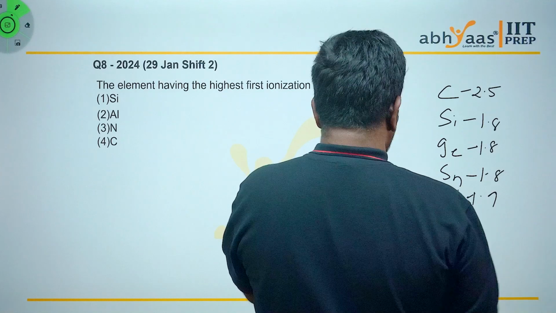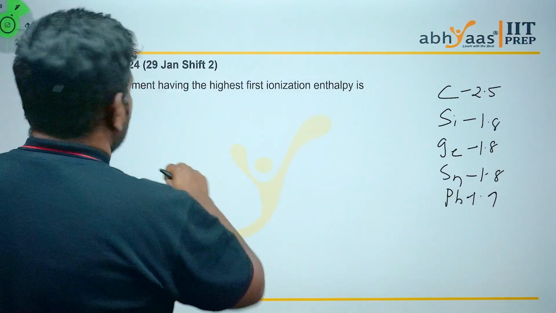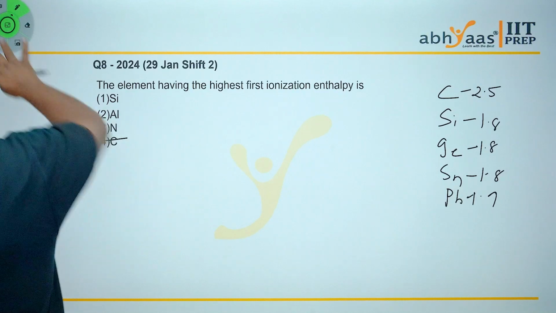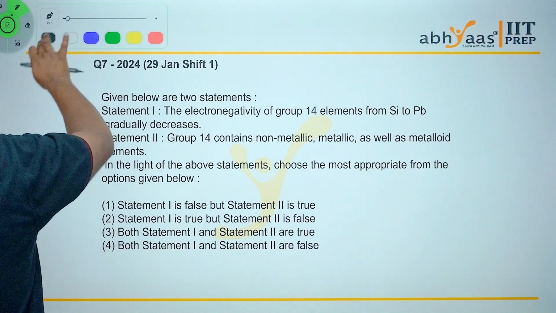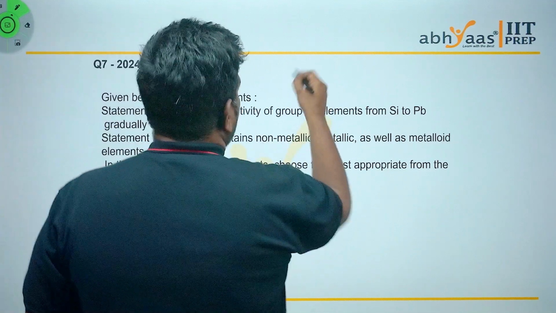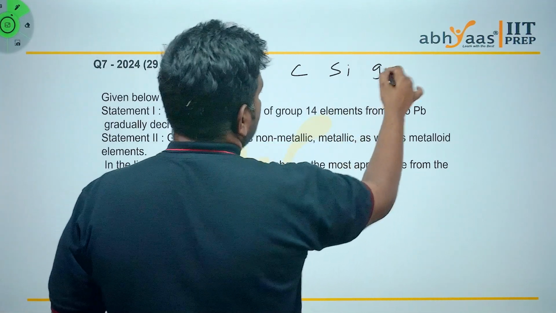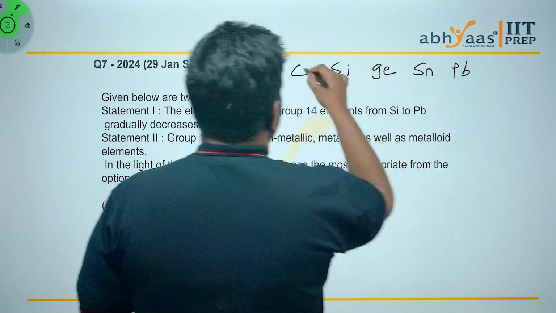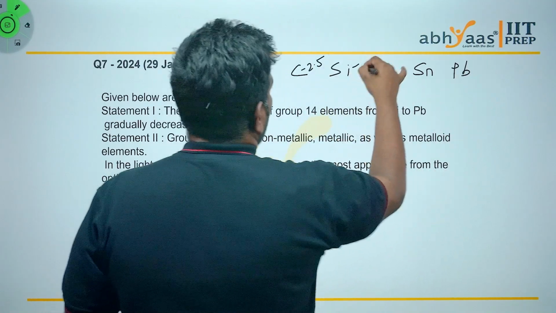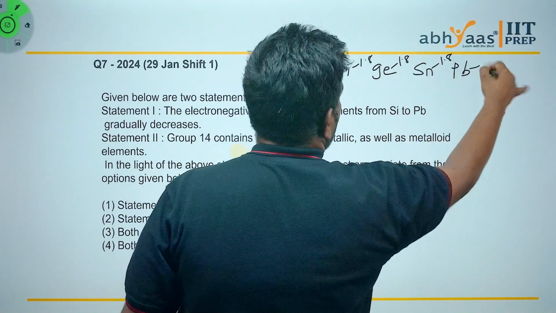Sorry, I just changed the question. Here it is. You are having carbon, silicon, then germanium, then tin, then Pb. So it will be 2.5, 1.8, 1.8, 1.8 and 1.9.